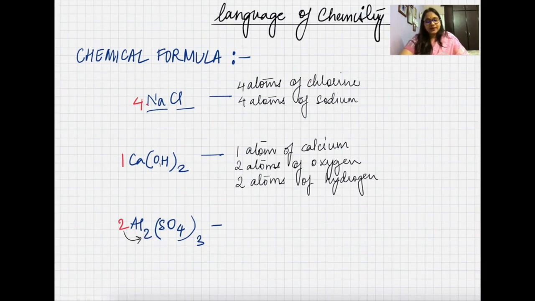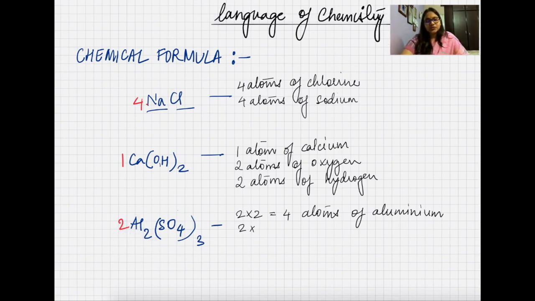Similarly, you are going to find out the number of atoms in the compound aluminium sulfate. There is a number 2 written in front of the molecule. So you are going to multiply each number of atoms with this number 2 and find out the total number of atoms.